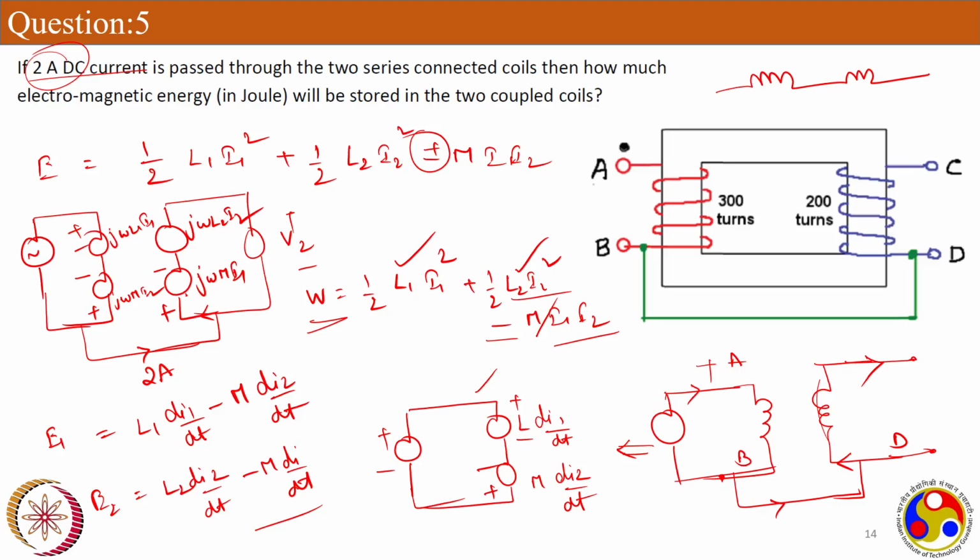We looked at the derivation. But whatever you are saying, whether it's a DC or AC current, I think the mutual will exist because the flux is passing through both coils. AB has a flux and CD has a flux. That's what I think.